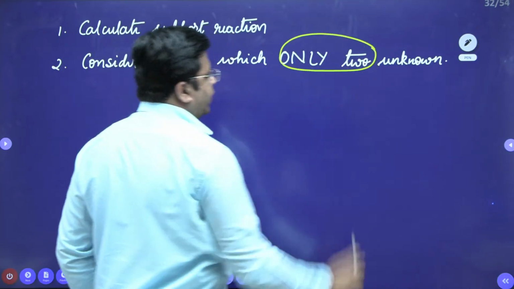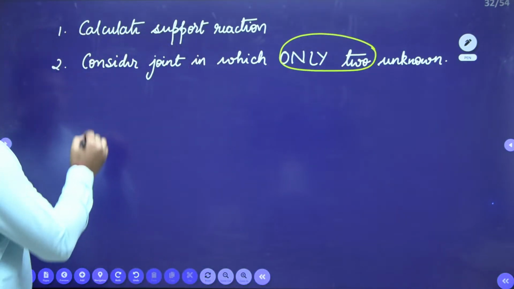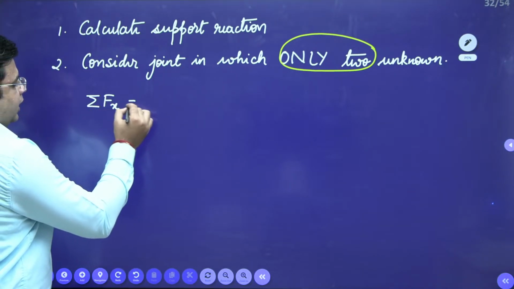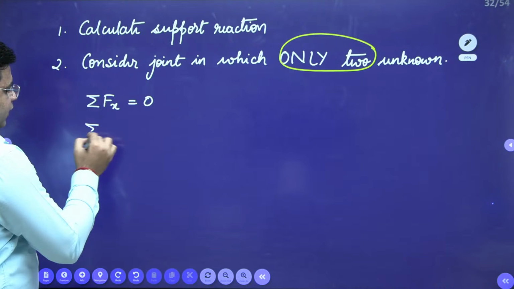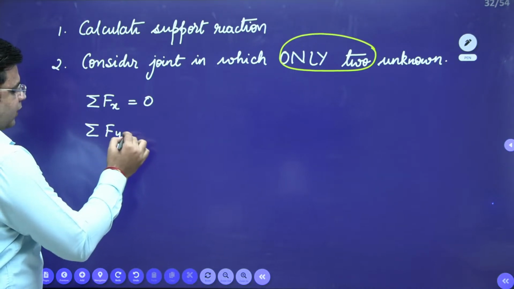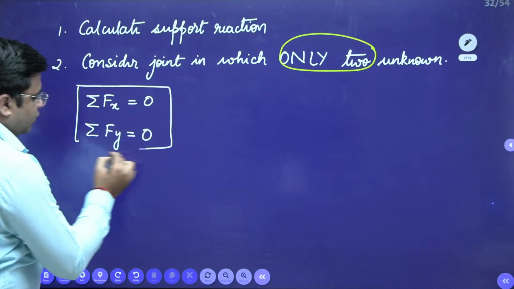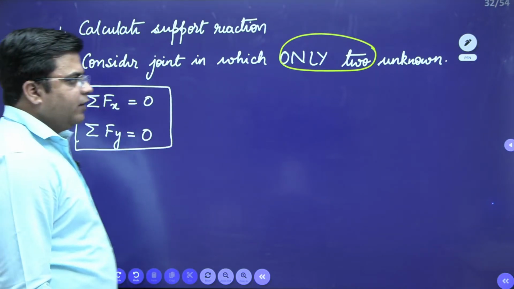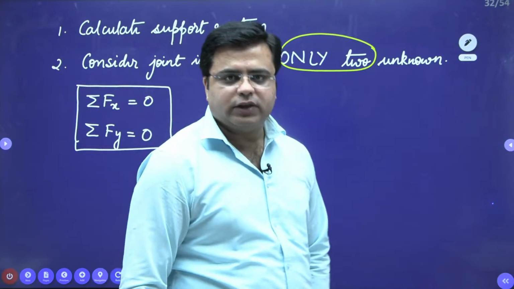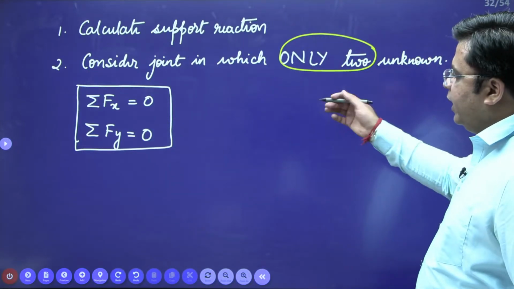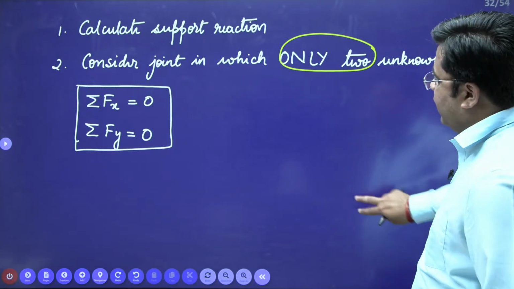Because for every joint, we have only two equations of equilibrium, that is summation of Fx equals 0 and the second one is summation of Fy equals 0. So for every joint, we have only two equilibrium equations. Hence, we consider only those joints which have only two unknown reaction forces. Is this okay? So this is how you go joint by joint in solving a question using method of joints.